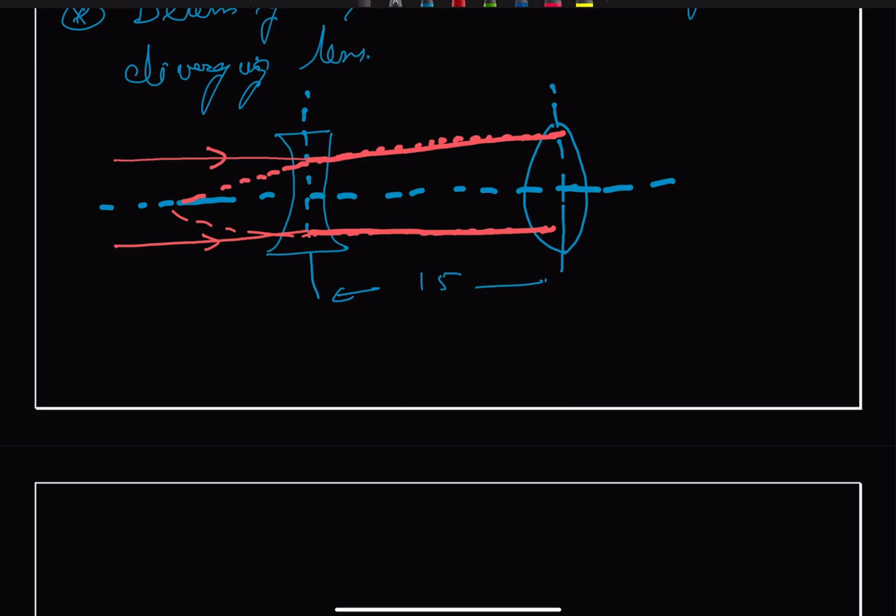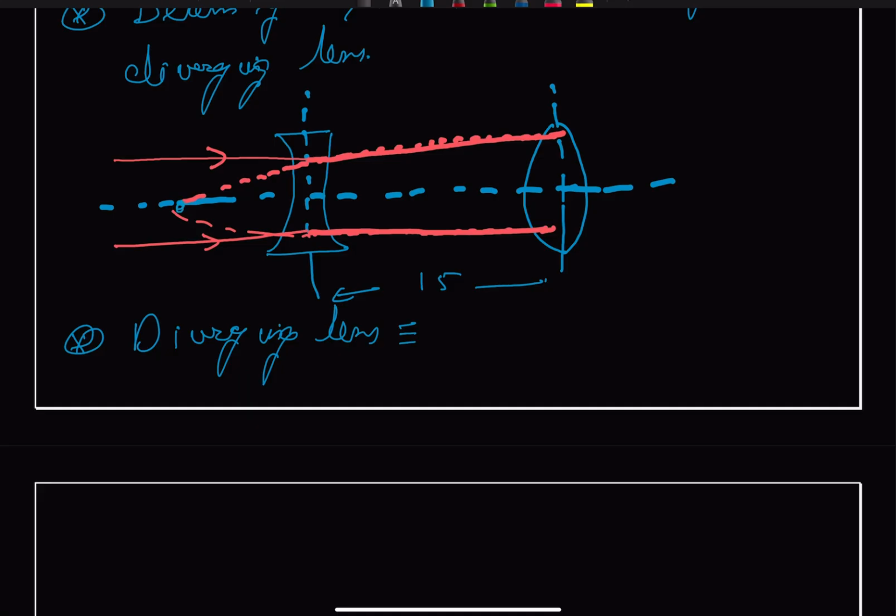So we can say that especially for the diverging lens, it is given that it has incoming parallel rays, and if we make them converge, they will be converging like some here at a focus. Okay.